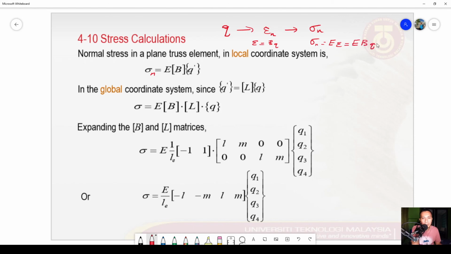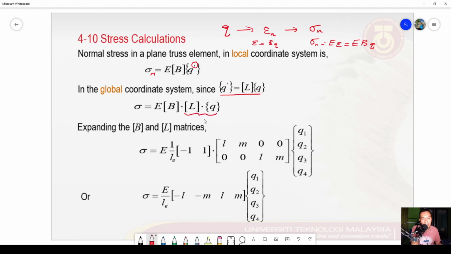For a plane truss problem, this equation for the normal stress has first to be written in the local coordinate system. And after that, we apply the transformation from the local coordinate system into the global coordinate system by replacing the term Q prime by LQ in the stress equation.